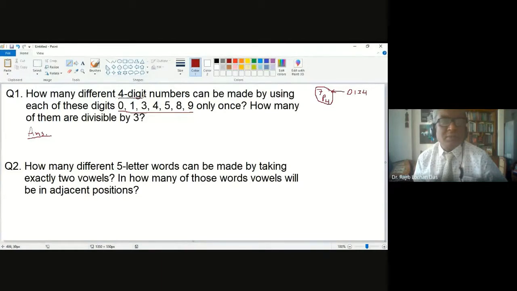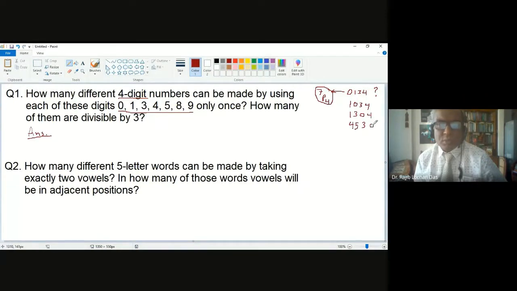A 4-digit number means the beginning is not 0. 1034 is possible, or 1304 is possible.